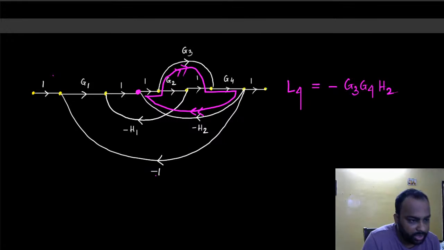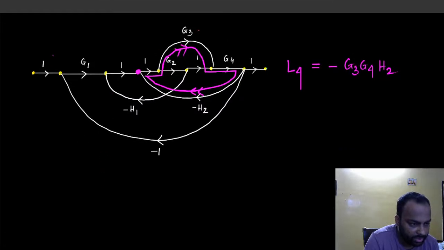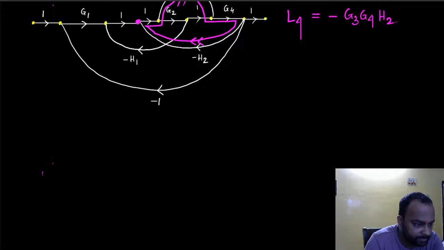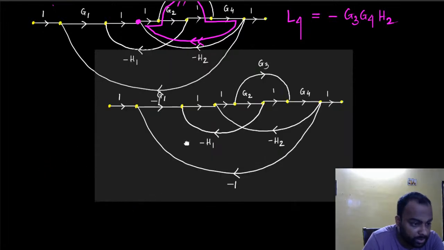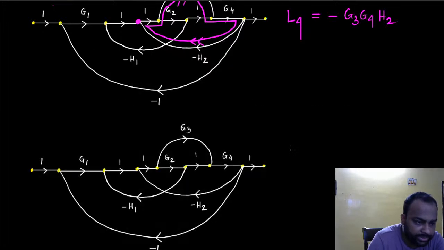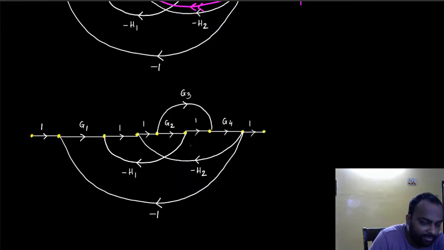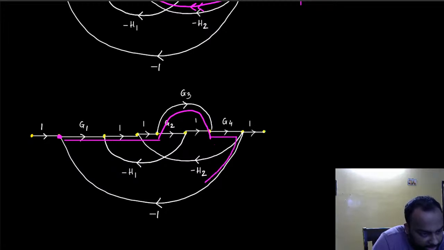Okay. All right. Question is, do I have another loop? Yes, I do have another loop, it seems. Which again starts from the beginning, goes this way, and then jumps to this one, goes this way, and then comes all the way back to this one, like that.